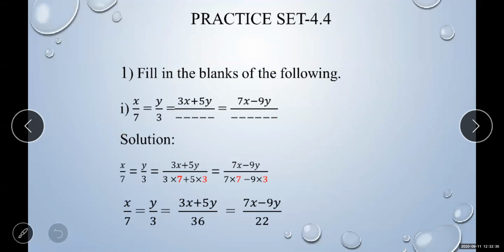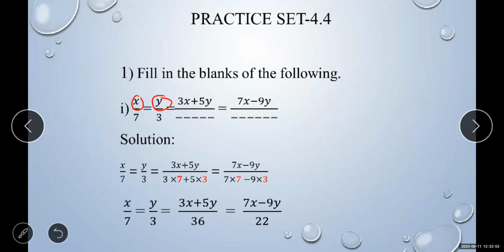Now here, the first question is on the basis of the theorem on equal ratios. You can see here x upon 7 is equal to y upon 3. Now find 3x plus 5y. 3x plus 5y means this x is multiplied by 3 and this y is multiplied by 5.